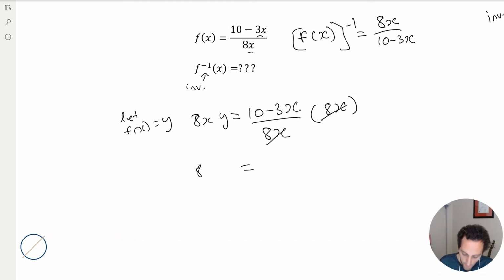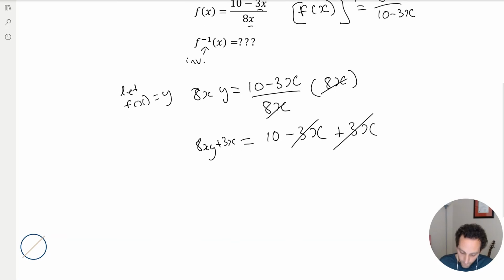You're going to be left with 8xy is equal to 10 minus 3x. And our purpose, again, is to isolate for x. So how we're going to do that is to group our x's. We do that by adding a plus 3x to both sides. These will go to 0. And you're going to be left with 8xy plus 3x is equal to 10.